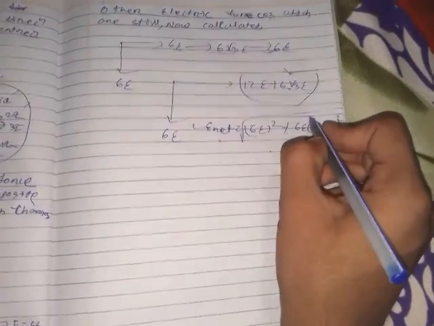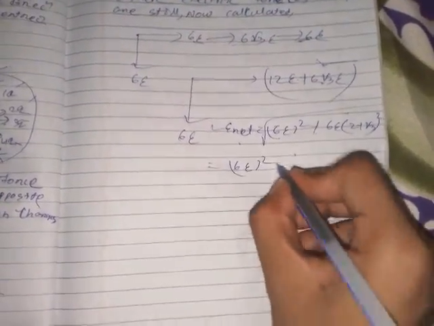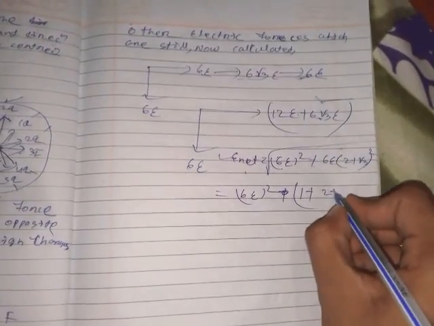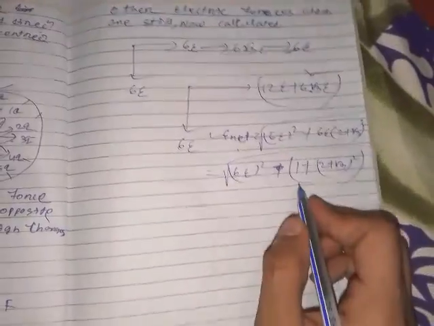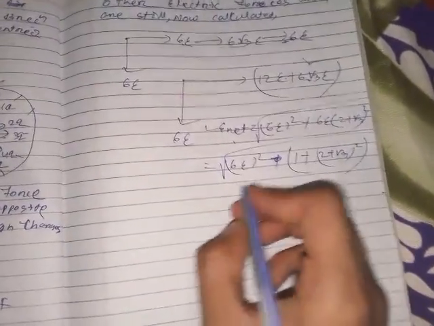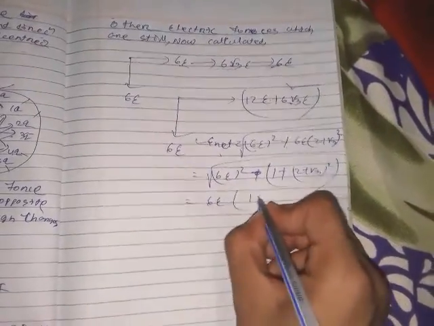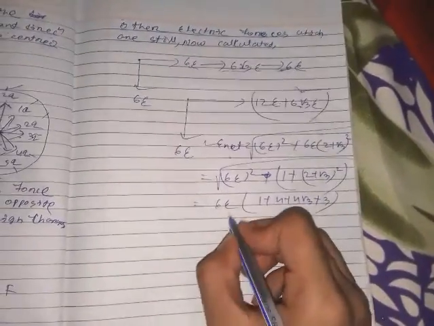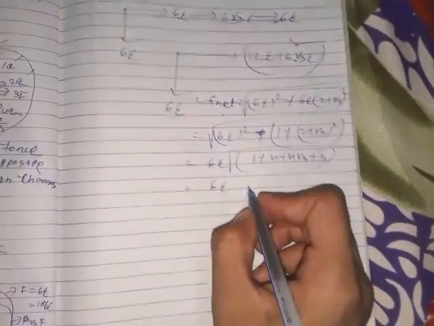Taking 6E common, it is 6E times the square root of 1 plus (2 plus root 3) whole square. Then 6E times the square root of 1 plus 4 plus 4 root 3 plus 3.